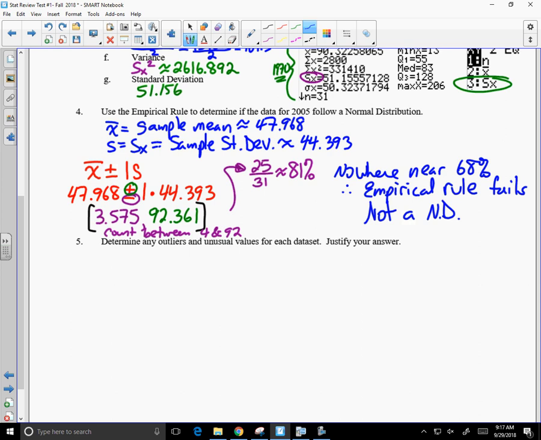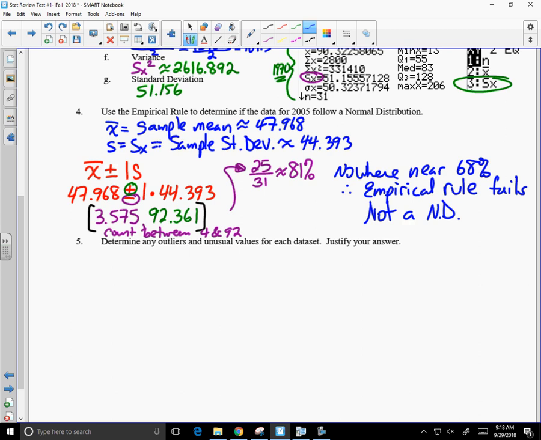And then you'd have to move on to x bar plus or minus 3s to see if you were close to 99.7%. Obviously, from a test taker student standpoint, with an eye on actually finishing the test, this is good news. It means you're done with the problem.